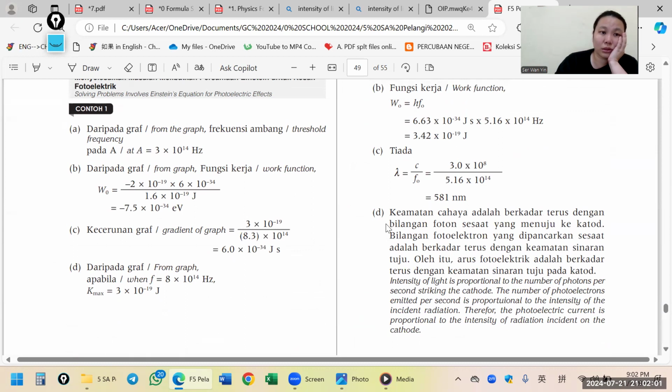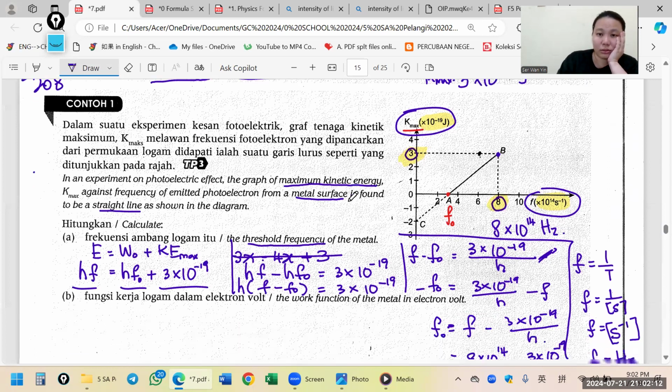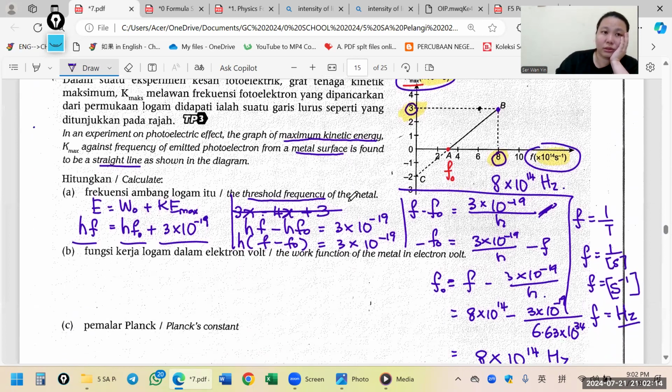Ah, 3. Huh? Why 3? Oh, from the graph. Just see from here.